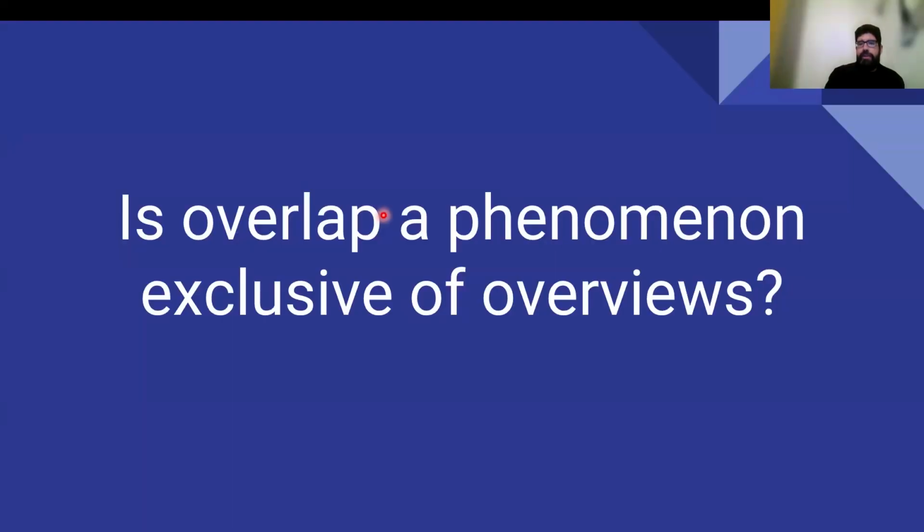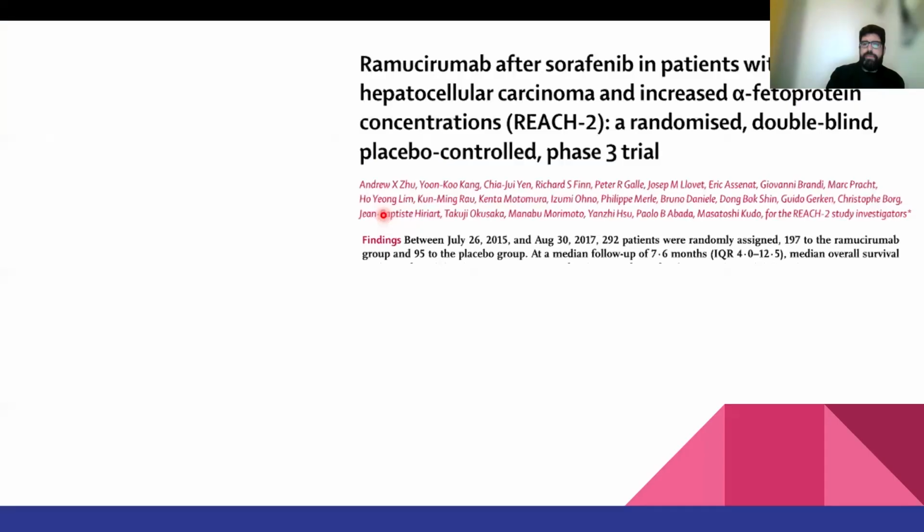Is overlap a phenomenon exclusive of overviews? Well, I'm doing now a systematic review about the effects of some immunotherapy and targeted therapies on hepatocellular carcinoma. And this is one of the studies we included, the REACH2. And you can see here that this is one of the big studies.